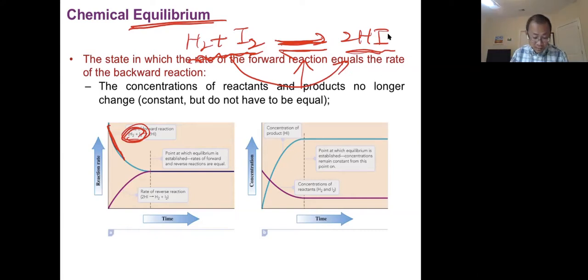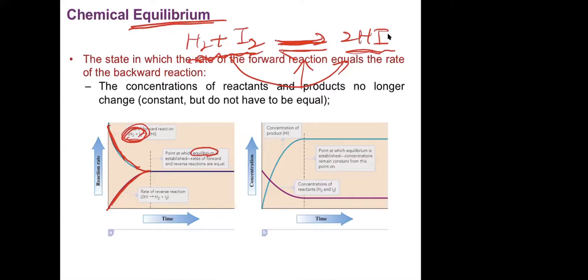More and more HI means the backward reaction will start to increase. Initially, it's zero, because initially you don't have any HI. One thing decreases, another thing increases. At a certain time point, these two will become equal. When they're equal, no matter how many molecules go forward, that many molecules will go back and decompose. Reverse and forward reaction rates are now equal. At that time point, we call it that the reaction reached equilibrium. Does it make sense, guys?